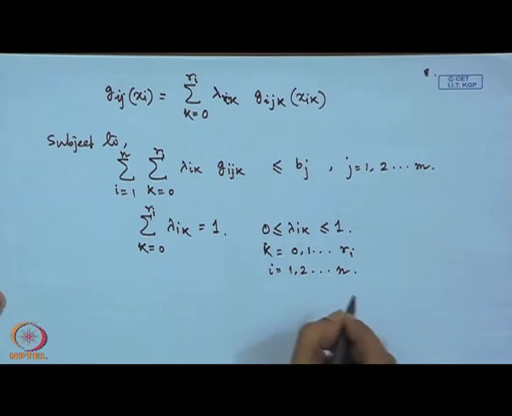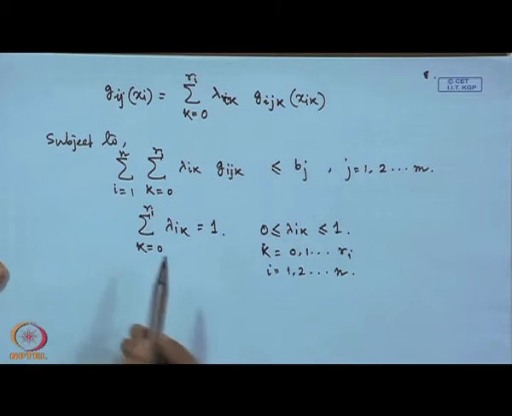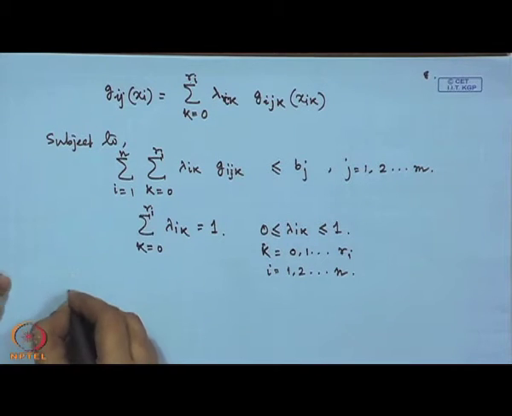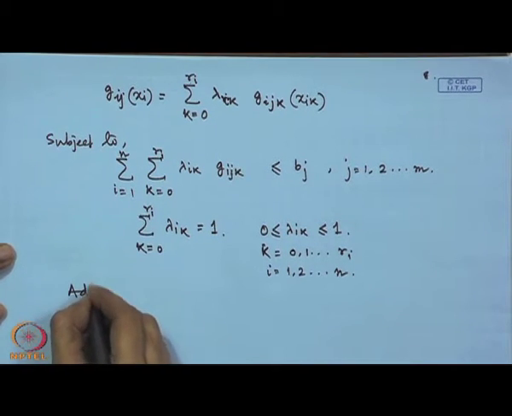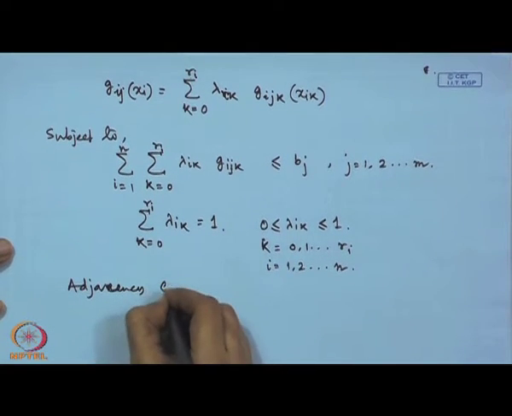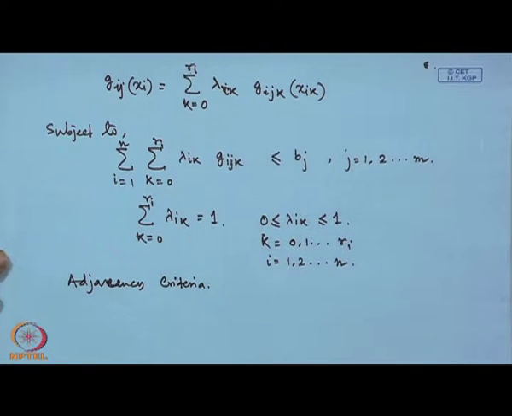This is the equivalent linear programming problem of the original separable programming problem, and this can be solved with a simplex algorithm and imposing the adjacency criteria. Otherwise, the linear combinations we have considered are not useful.